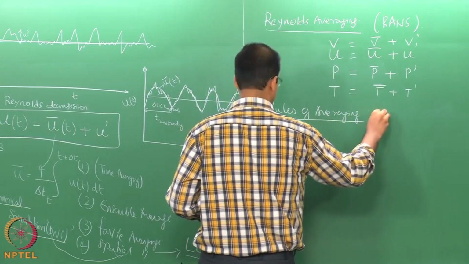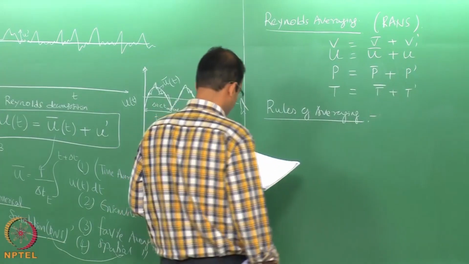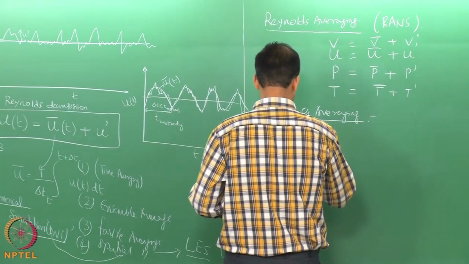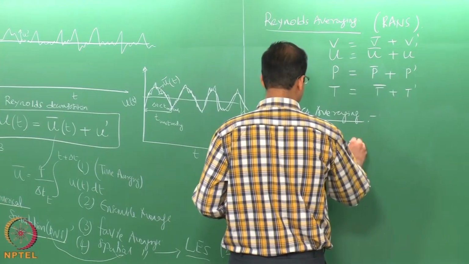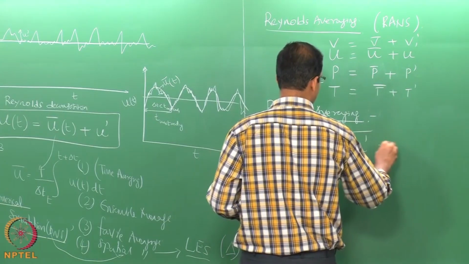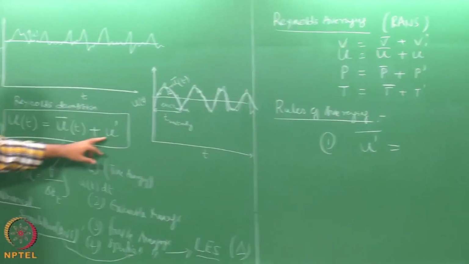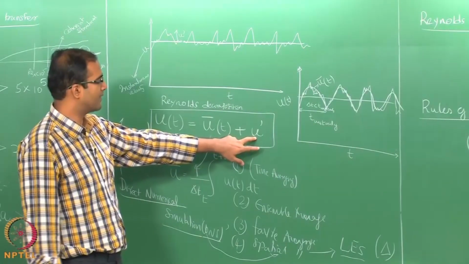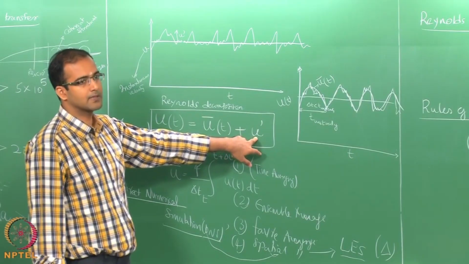Okay. So, these rules have to be satisfied when we apply this averaging to the entire Navier-Stokes equation. The first thing is that when you take the average of the fluctuating component, what will it be? It will be 0.